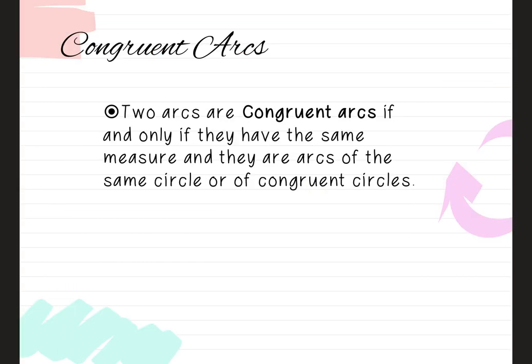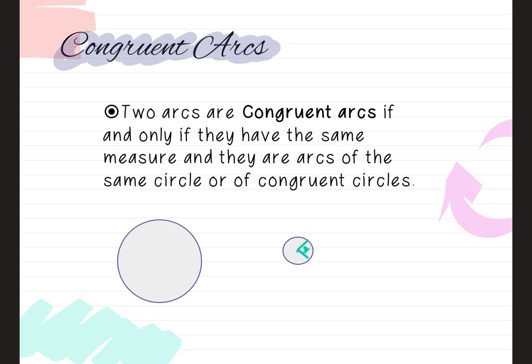All right, congruent arcs. Think congruent, same, and equal, right? So now we're saying 2 arcs are congruent if and only if they have the same measure, and they are arcs of the same circle or congruent circles. So I can't say that I have some teeny tiny circle and a big circle.